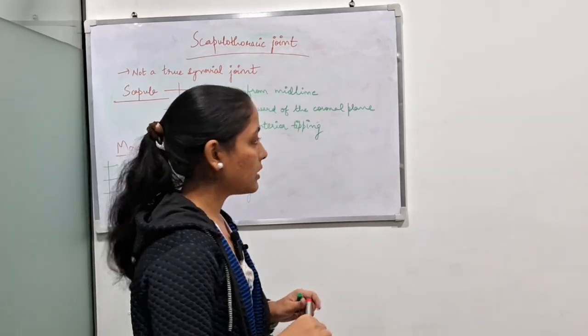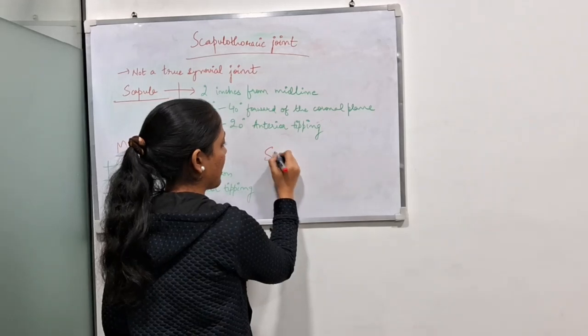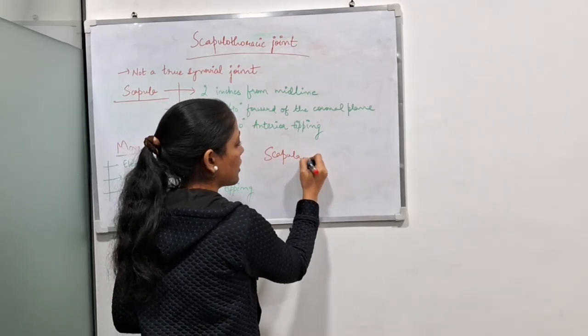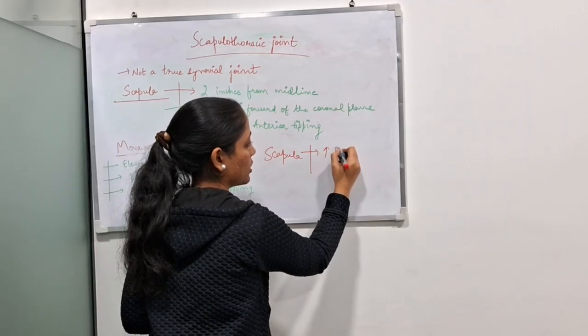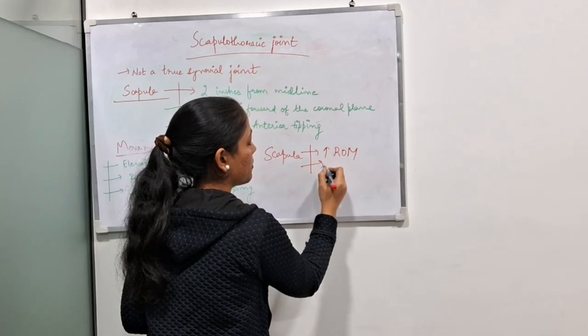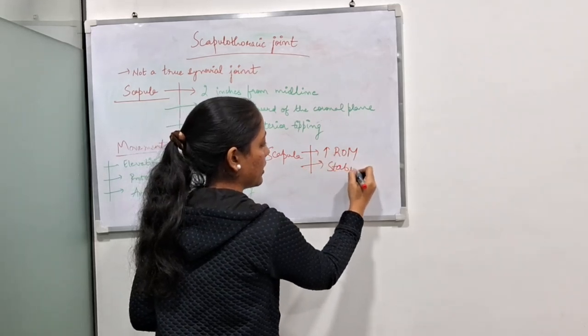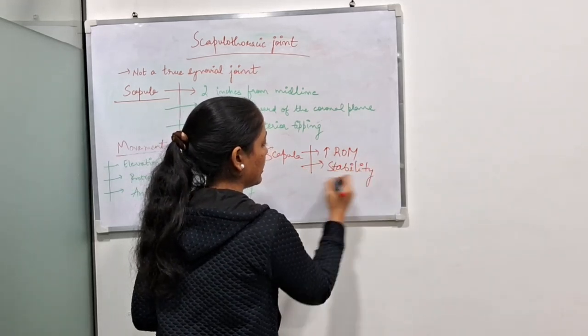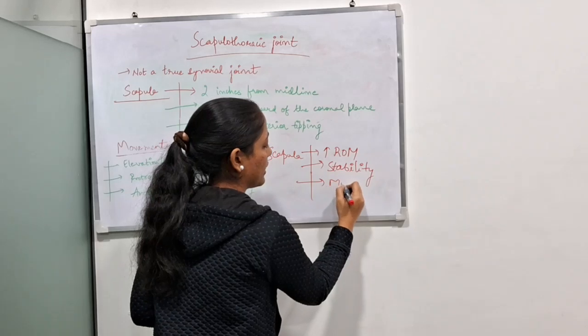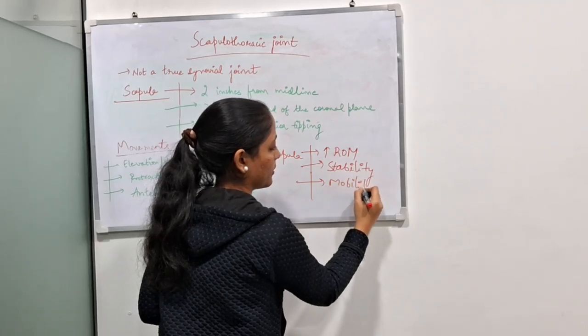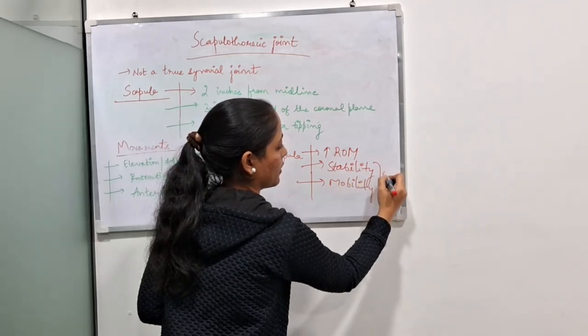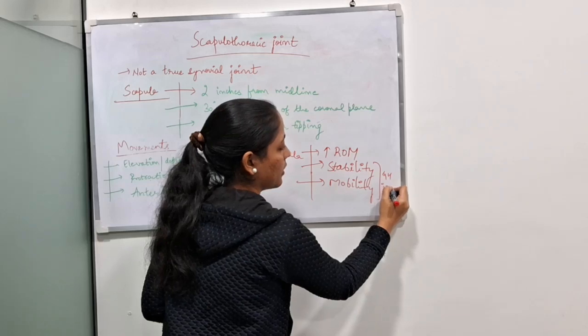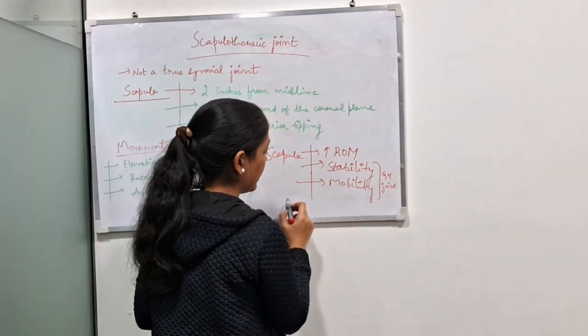So the only need of the scapula to move is to increase the range of motion, to provide stability as well as mobility at the glenohumeral joint, right? This we'll study in detail.